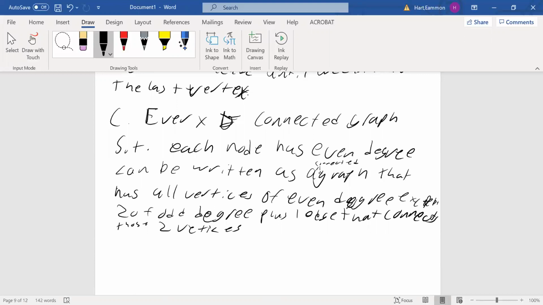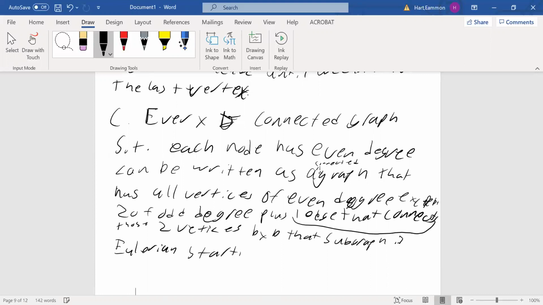Therefore, if we ignore this edge, by B that subgraph is Eulerian, starting and ending at our vertices of odd degree.